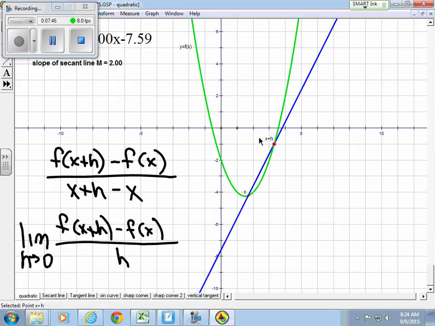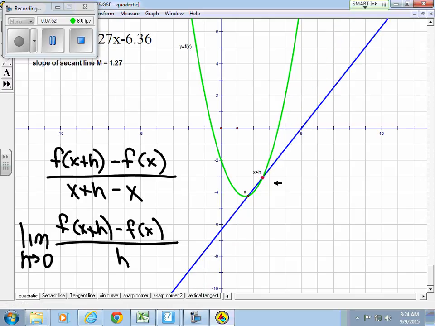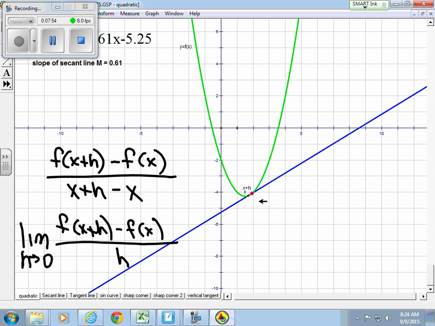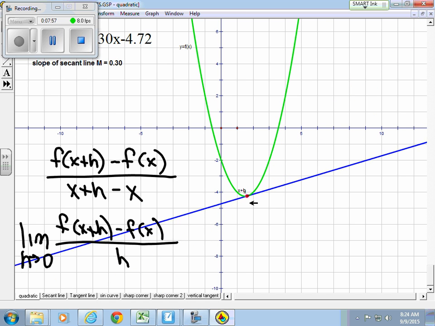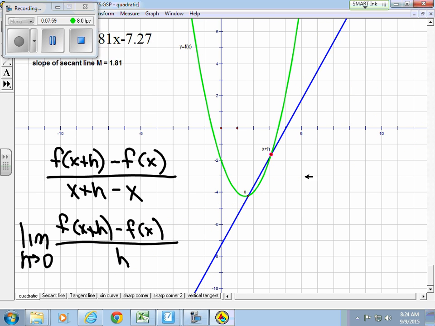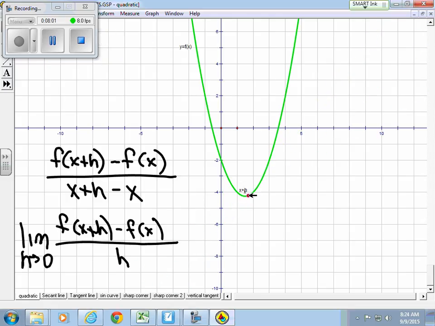You probably heard that in geometry. You might want to write that down. But I don't want the slope of a secant line. I want the slope right here, right there at that point.